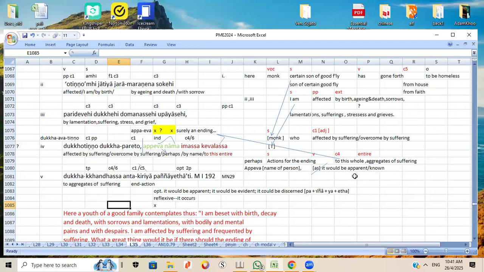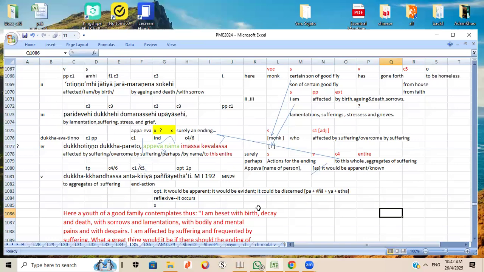See that? So this is how it goes. So even if you put here "surely", this is okay. Surely action for ending to this whole aggregate of suffering. Of course, Bhikkhu Bodhi put "surely" and "ending", because this is ending. I put "the action". So something like that. Can you see? All right. Any question on this?